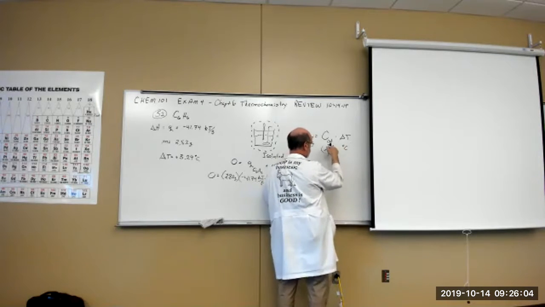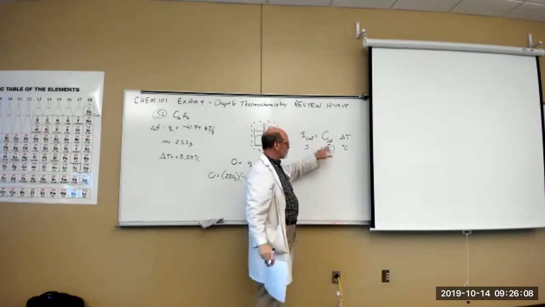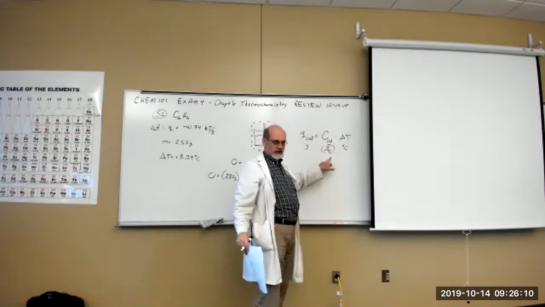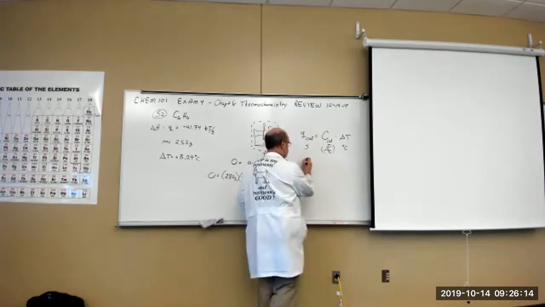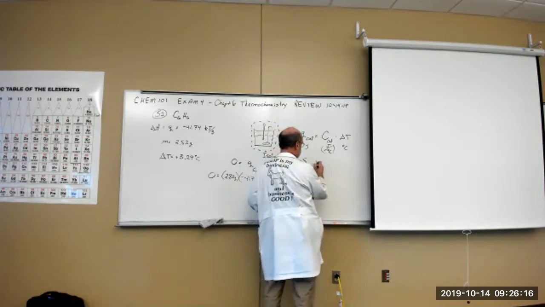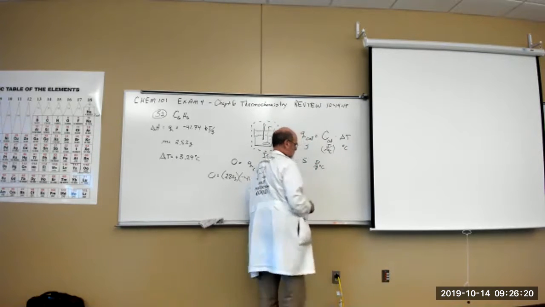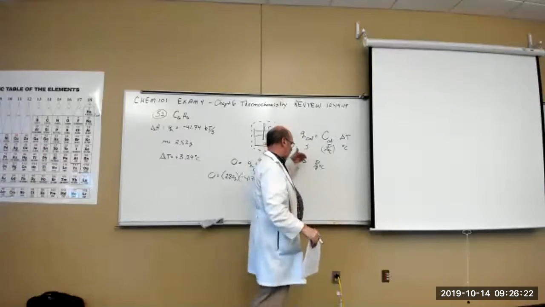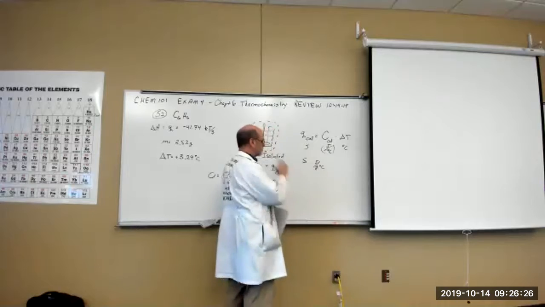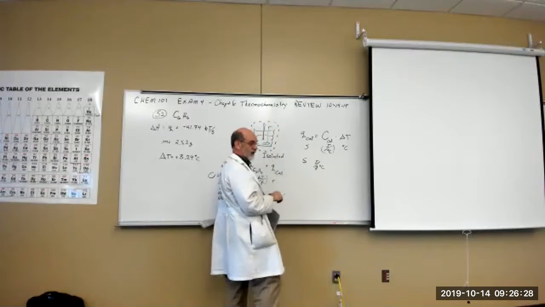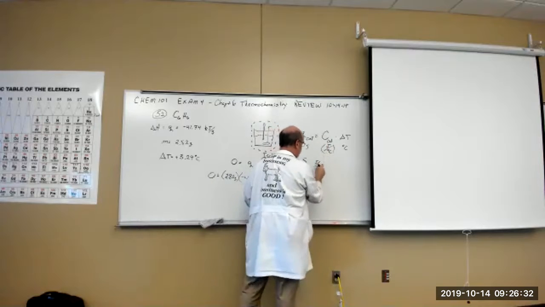For these to cancel and leave that one, right? So the units of this one are going to be joules per degree centigrade for your calorimeter. Unlike specific heat capacity, which is joules per gram degree centigrade, or joules per mole degree centigrade. We have both types. Okay, so that's a distinct difference between this one and that one.